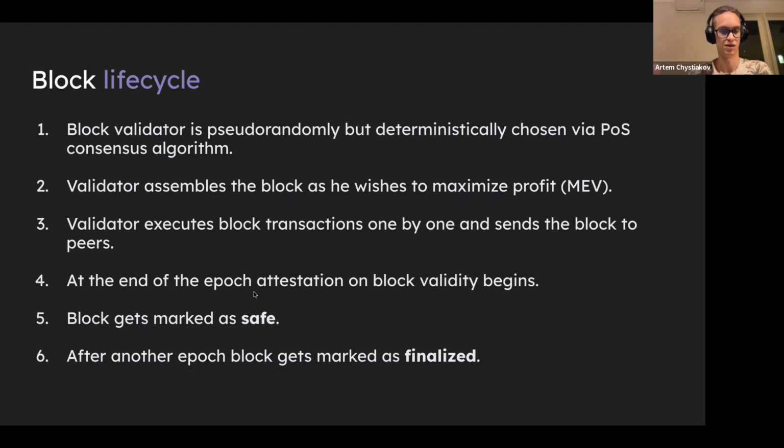And once the epoch is finished, the attestation on the validity of this epoch and the validity of every single block begins. So every 500,000 validators start voting whether they think the block is valid or not.